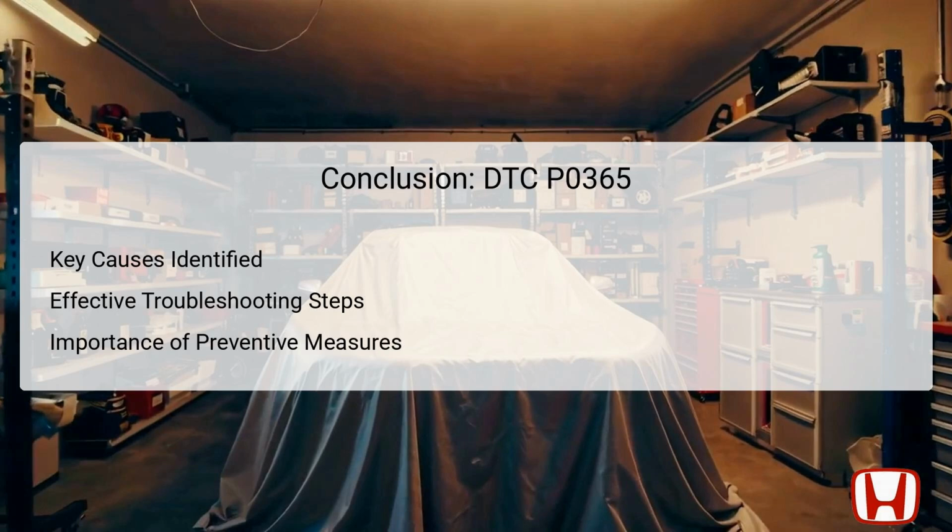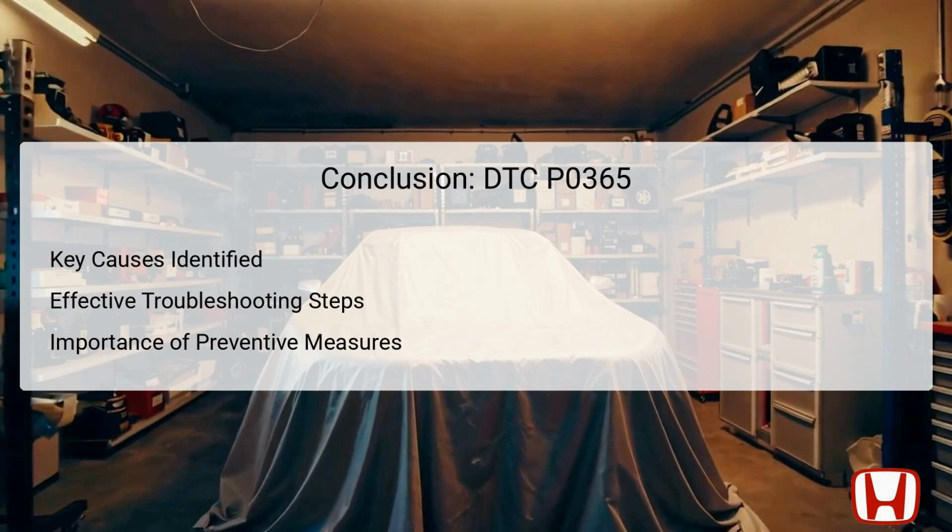A series of effective troubleshooting steps, from verifying the problem with the HDS to inspecting and repairing connections, can resolve the issues efficiently. Importantly, preventive maintenance plays a crucial role in mitigating these problems before they escalate, ensuring vehicle reliability over time. By implementing these strategies, you can improve your knowledge of vehicle diagnostics and ultimately enhance your driving experience with a well-maintained car.